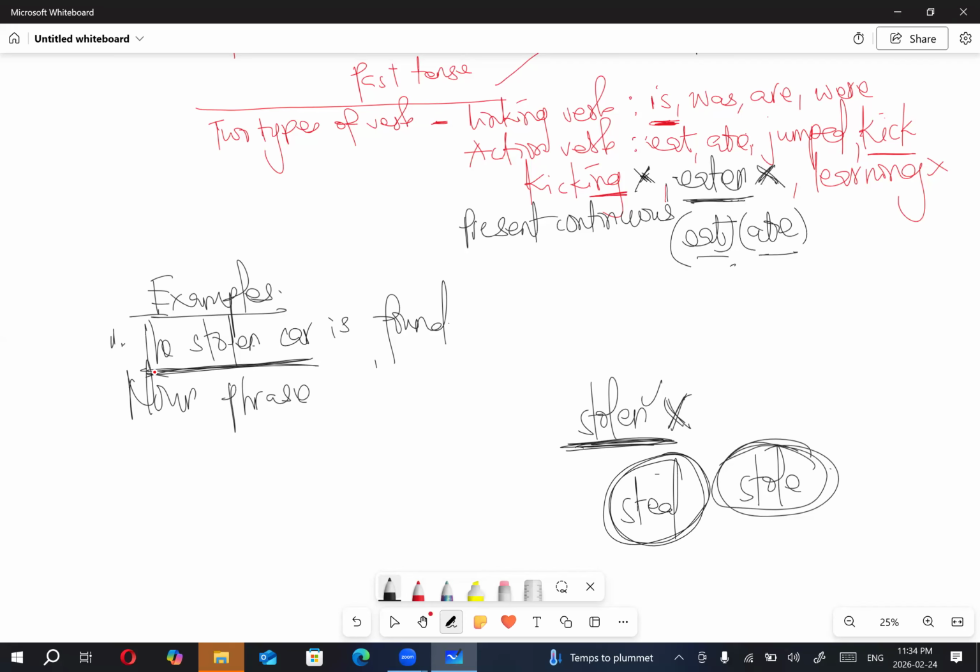And stolen is neither present nor past. So in short, it's not a finite verb. In the underlined words, there is no finite verb, so it's a phrase. If you find a finite verb in the underlined words, then it's a clause. Okay? Now it's a phrase. What phrase? It's a noun phrase.